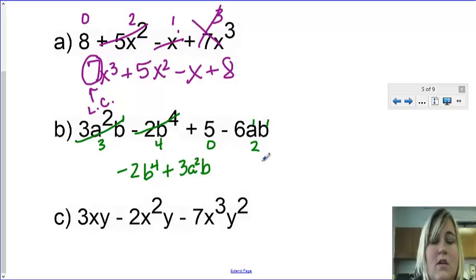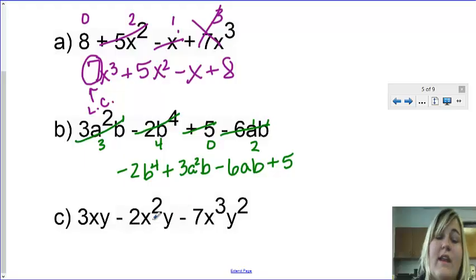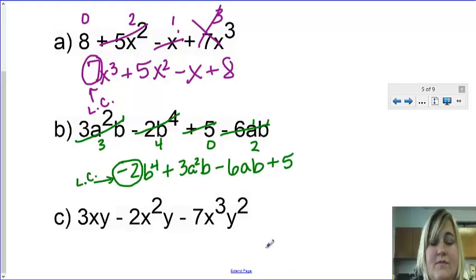Done with that. Then I have 2, minus 6ab. Done with that. And finally, plus 5. Okay, so I now have it in standard form. And this coefficient that's out in front, the lead, is going to be my leading coefficient.